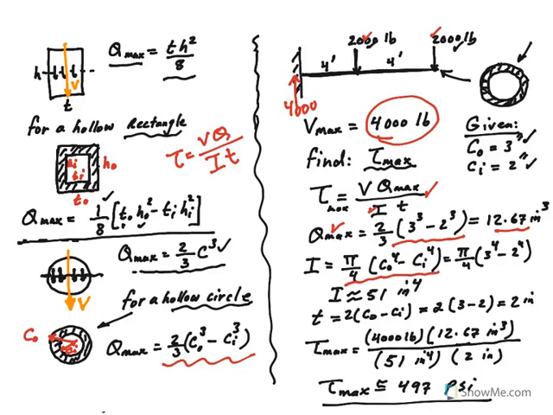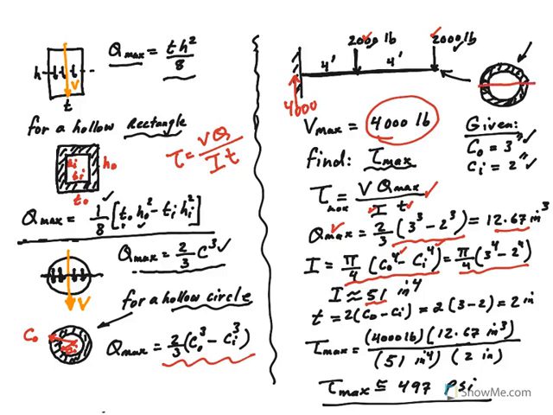I, remember, for a circle, is kind of like half of J, but in terms of radius it would be pi over 4 times c outside to the power 4 minus c inside to the power 4. I calculated that for you, roughly about 51, a little bit more than 51 actually, so I just rounded it to 51. Then what is t in this equation as it relates to our problem?